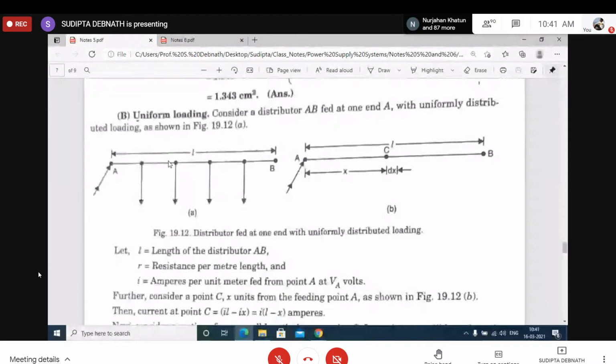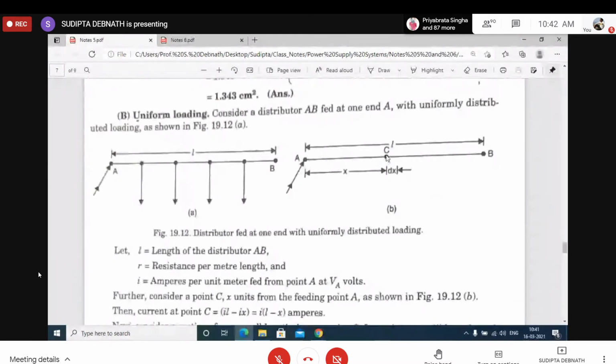It will be small i into L. I tapped that after every 1 meter and the length is L. So what will be the total current or total loading? It is i into L. That means this much current is fed at this end, small i into L. This is fixed. So the current entering, or you can write capital I A equal to small i into small l. This is the current entering.